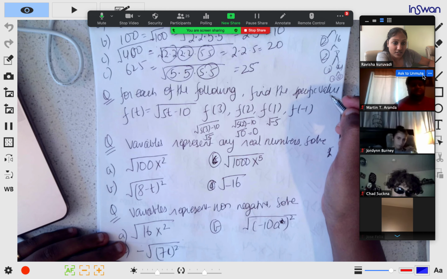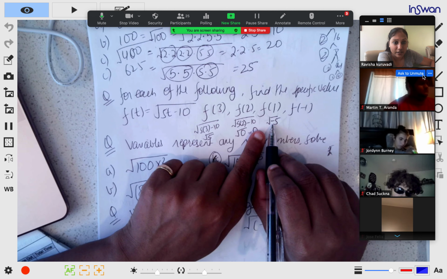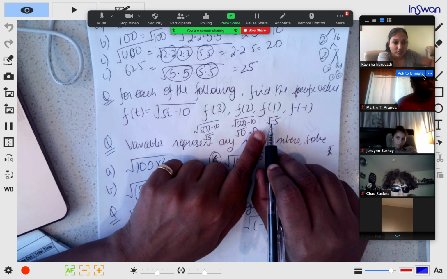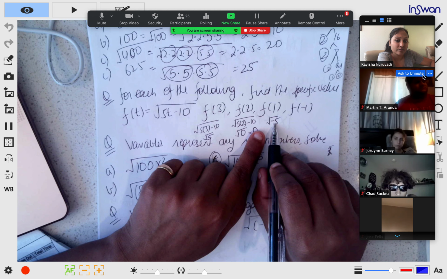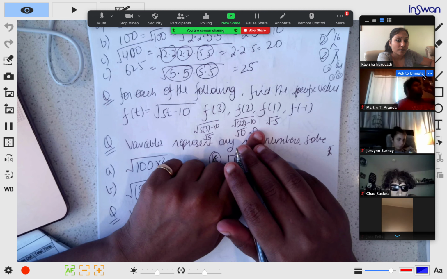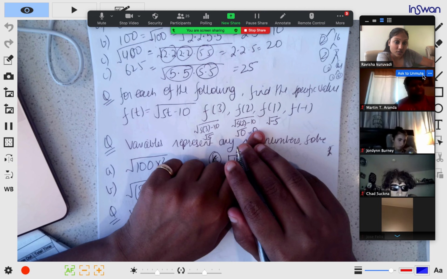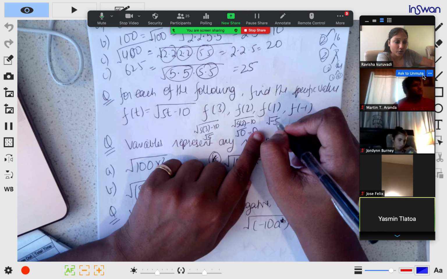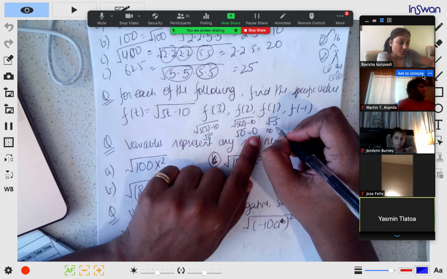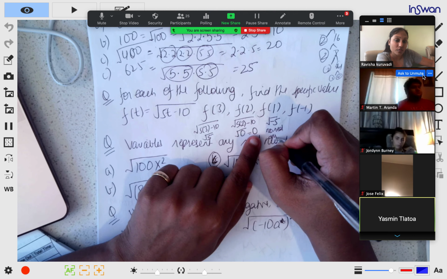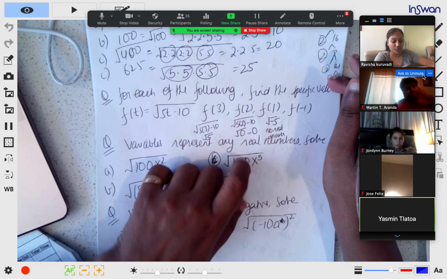Is it positive 5 or negative 5? -5. Okay, -5. And what's the square root of -5? Whenever you have a square root of a negative number, no real answer. Oh, okay. It's always no real answer.